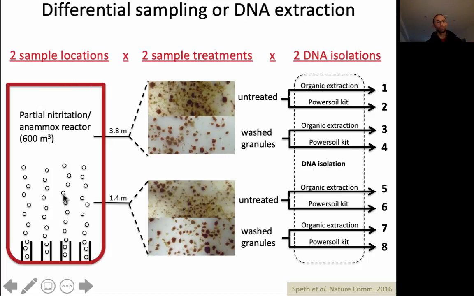So all in all, we have 2 different sample points, 2 different sample treatments, and 2 different types of DNA isolation, leading to 8 different metagenomic data sets, in each of which the bacteria which are present in the original sample are expected to be present at different relative abundances. So some might be more present in this one, and some might be more present in this one. And this allows us to get a depth profile of every contig across 8 different samples, and this depth profile will allow us to very sensitively bind together the contigs that belong in the same bacterial genome.